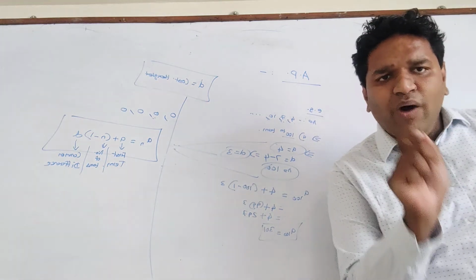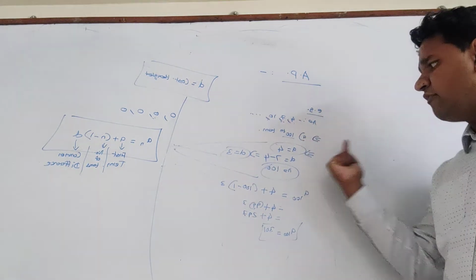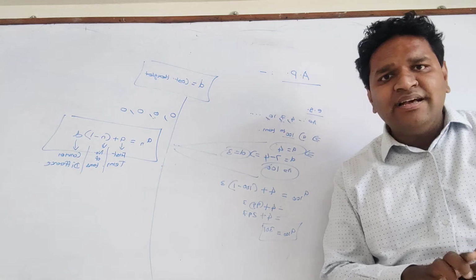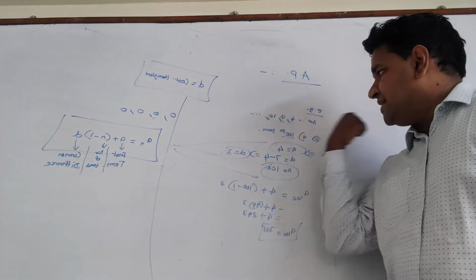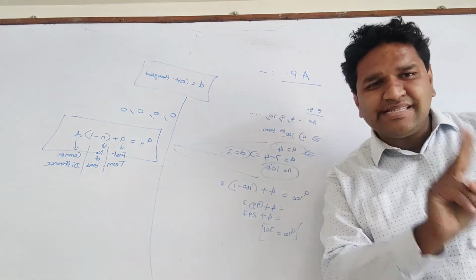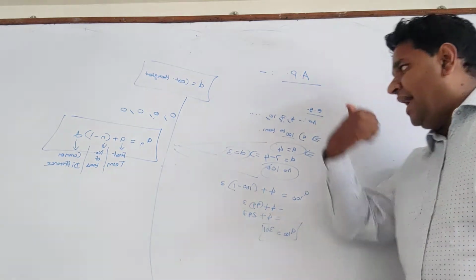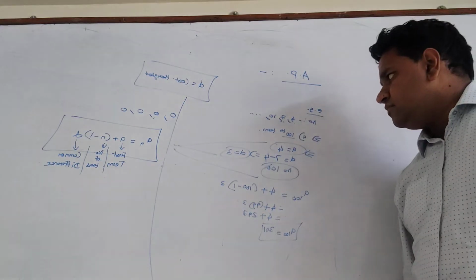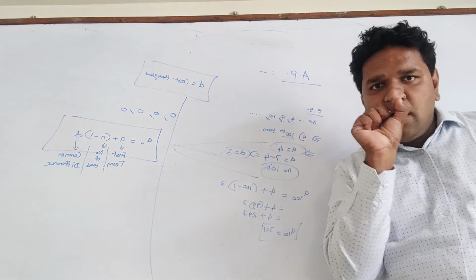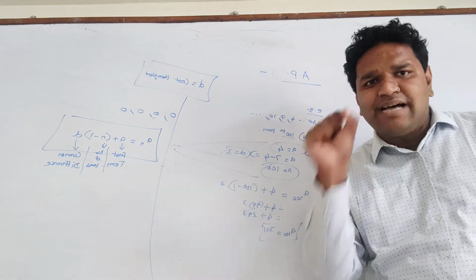So 301 is the 100th term of this AP, given that the first term is 4, the common difference is 3, and the term I need to find is the 100th term.